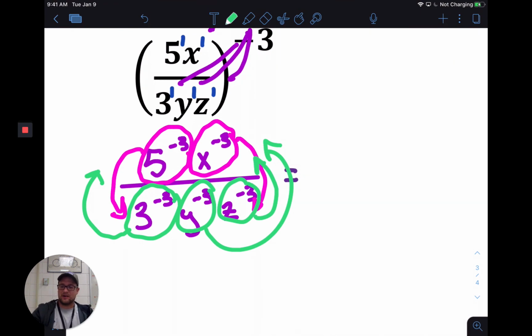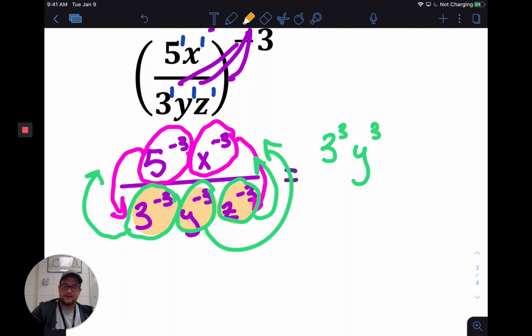So let's break that down slowly. When this 3 to the negative third moves to the top, it's now going to be positive, or I'm sorry, it's going to be 3 to the positive third power. When y to the negative third moves to the top, it's going to be y to the positive third.